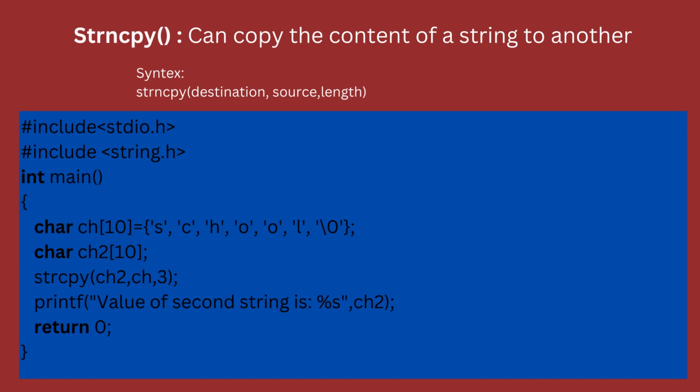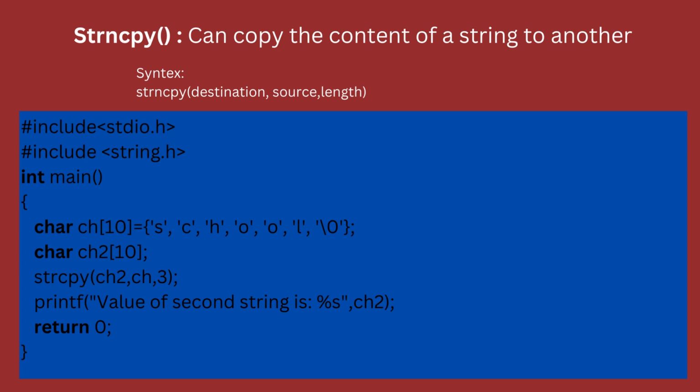So here in the program, in the brackets we use ch2 as the destination variable, ch as the source variable, and 3 as the number of characters we want to copy.